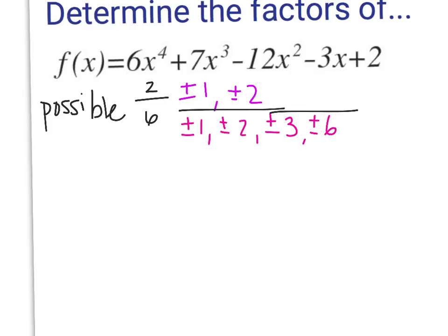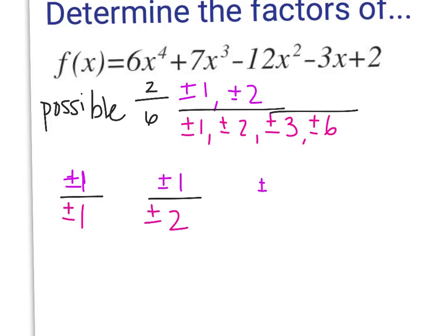So now all I have to do is actually divide those. So let's see. We start with positive negative 1 divided by positive negative 1. And then positive and negative 1 divided by positive and negative 2.